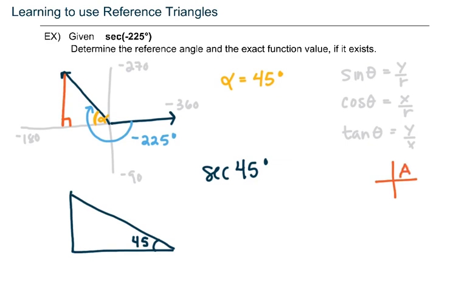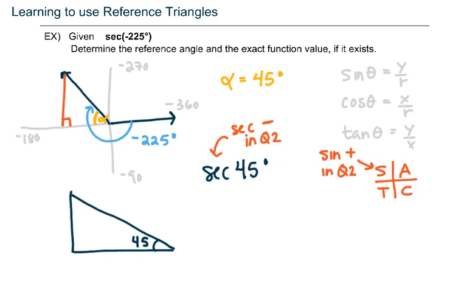So remember, we said all students take calculus. S lets me know that sine is positive in quadrant 2. So what does that mean for secant? Secant is going to be some negative value in quadrant 2 because secant's reciprocal to cosine. Sine is positive, cosine and tangent will be negative in quadrant 2.